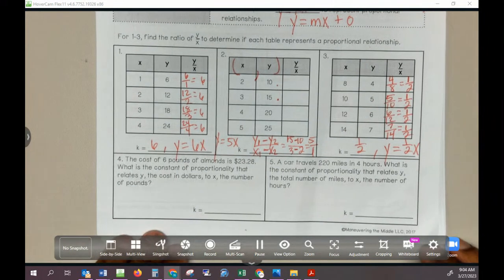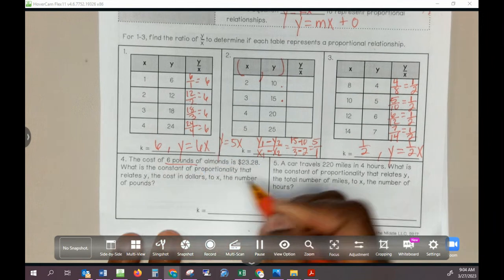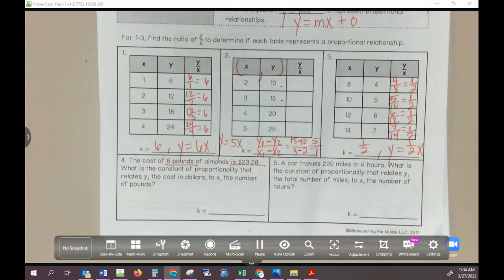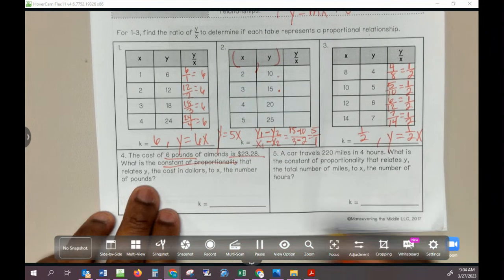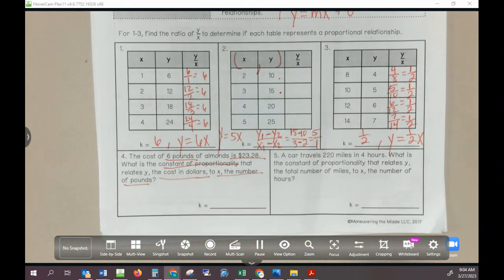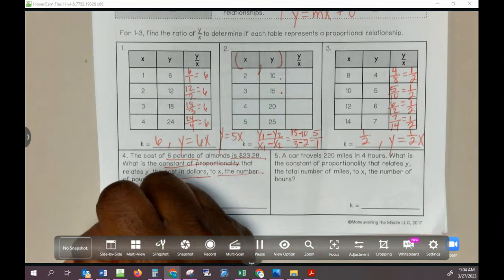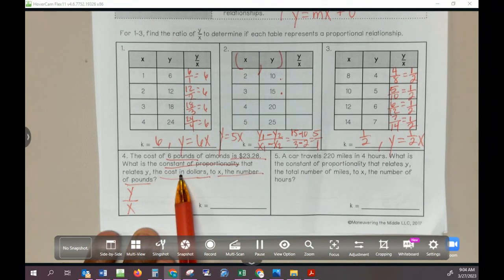So when we're looking verbally or in a word problem, it says the cost of 6 pounds of almonds is $23.28. What is the constant of proportionality that relates y, the cost in dollars, to x, the number of pounds? So they tell you what your y and x are. They told you that your y is the cost.